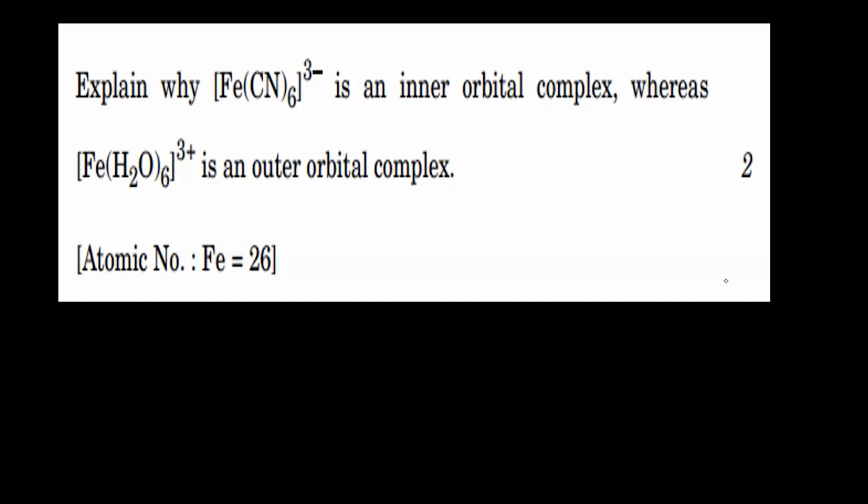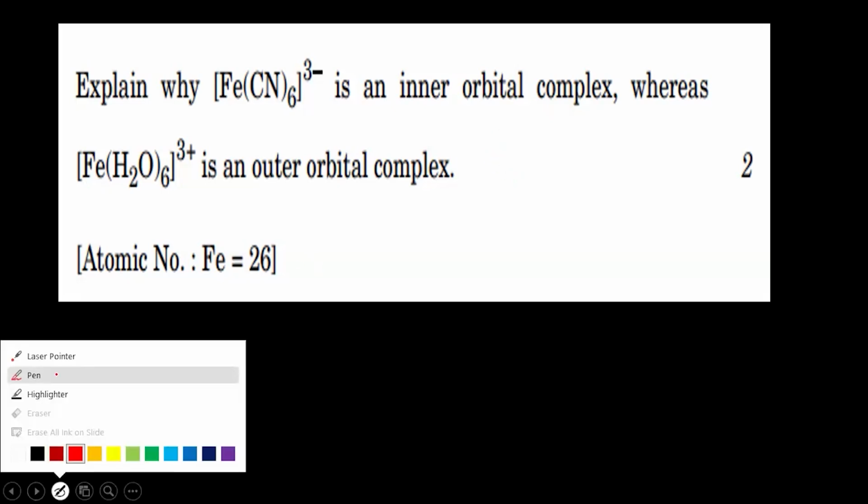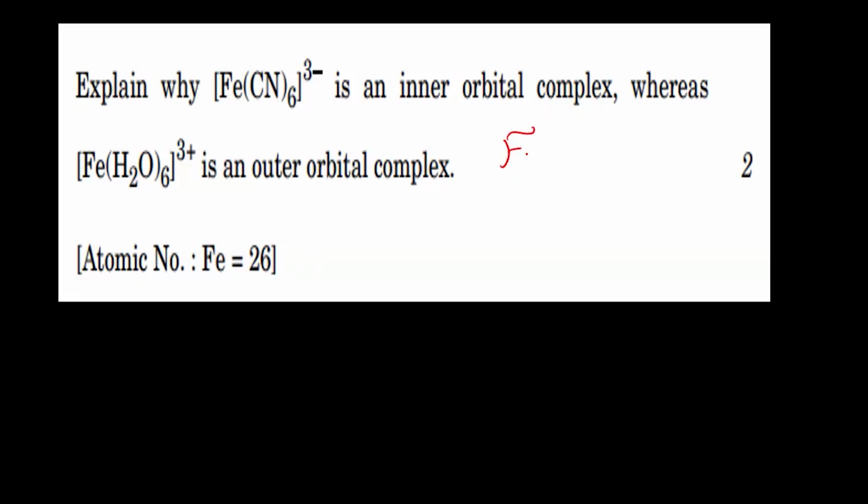Okay, so [Fe(CN)6], right? In the case of [Fe(CN)6], the oxidation state of Fe is Fe3+, right? That means Fe is 3d6 4s2. That means Fe3+ is 3d5.